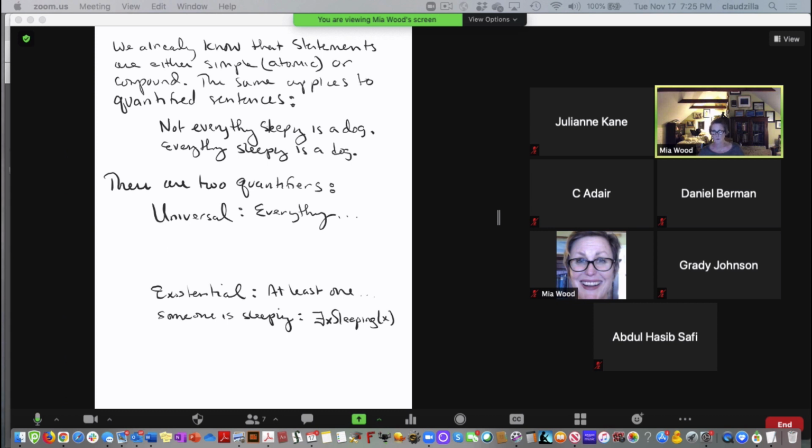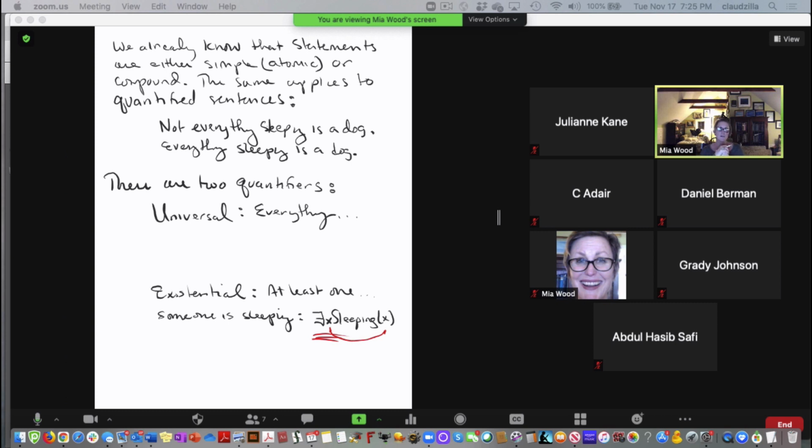So the way that we read this claim is, there is something, and that thing is sleeping, which I know it's a bit mouthy, but you get the idea. So the quantifier ranges across the predicate and the variable, and that variable is bound by that quantifier.